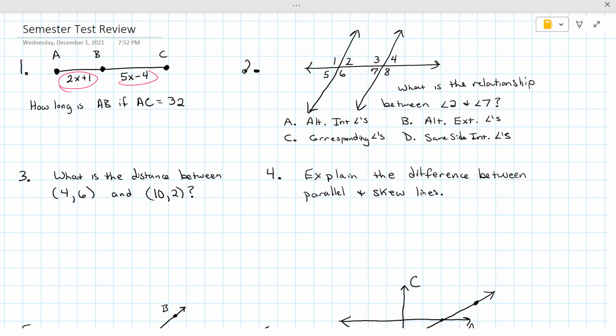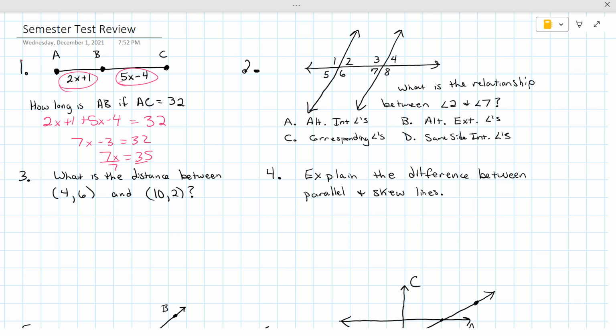What do you do with these two things? Don't set them equal to each other. Add them up. 2x plus 1 plus 5x minus 4 equals 32. So 7x minus 3 equals 32. So 7x equals 35.